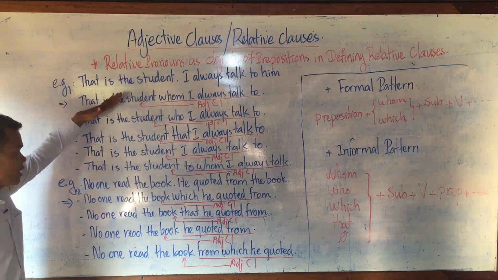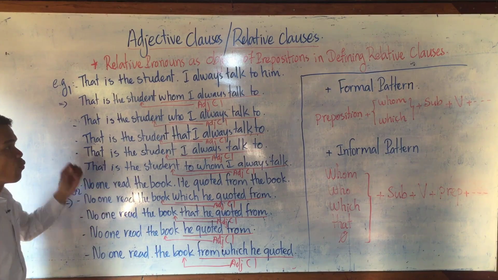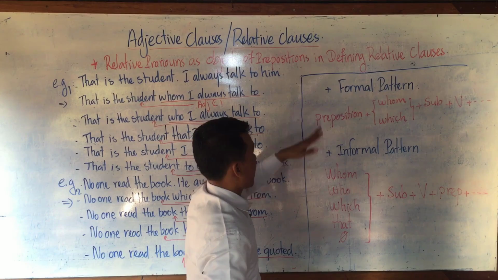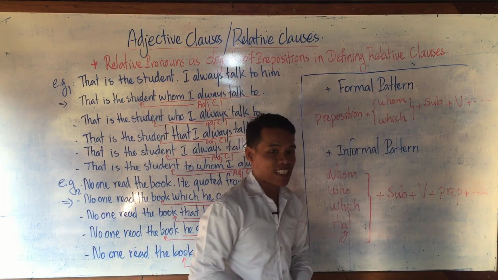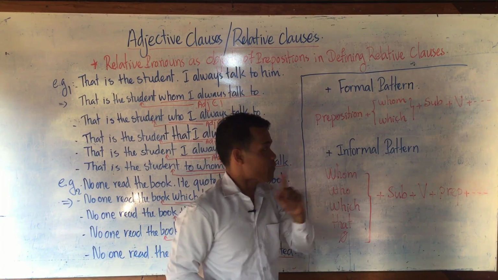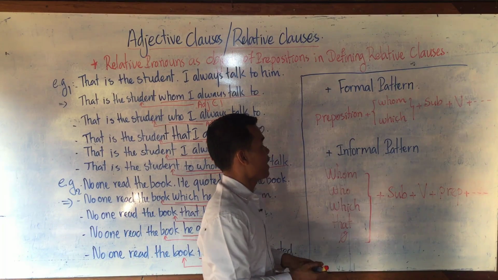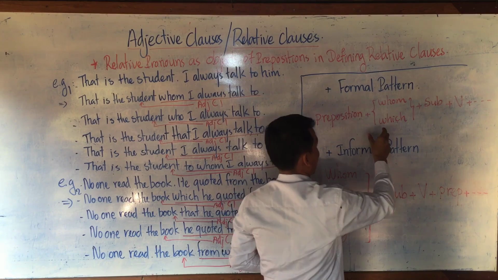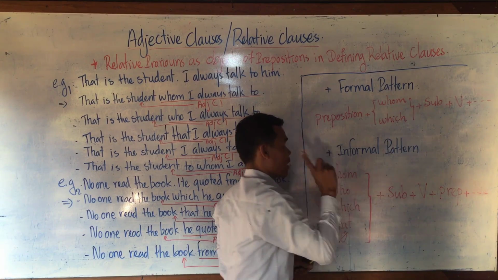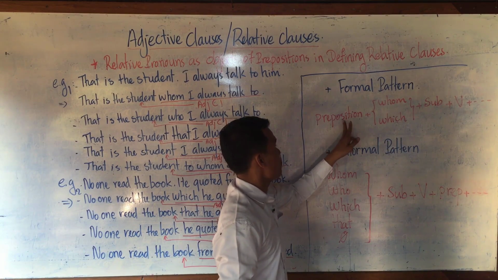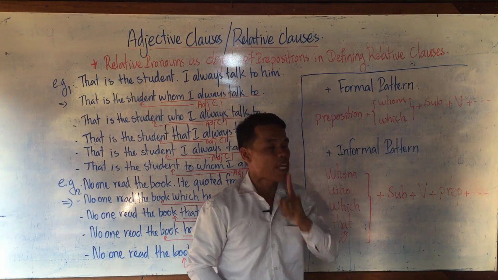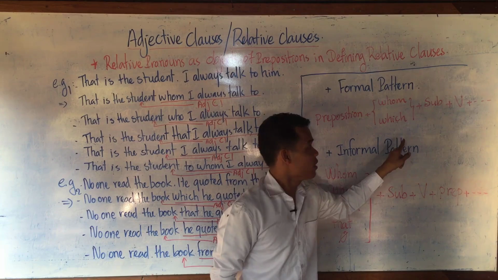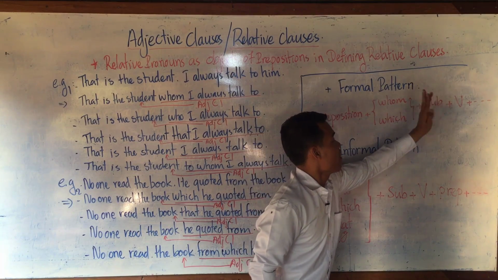Okay. According to the example, we can make it a formula. The first is the formal pattern or formal way. Bear in mind that when a verb comes with a preposition like that, in a formal pattern you have to place the preposition in front of the relative pronoun. But when the preposition comes before a relative pronoun, for people we use only whom, for things we use only which, plus subject plus verb.